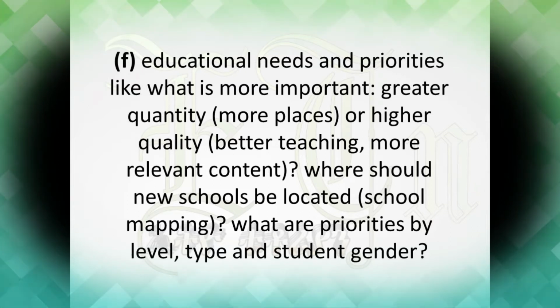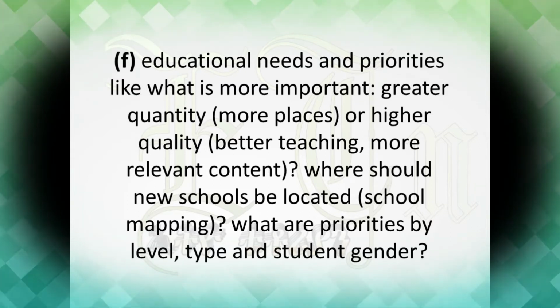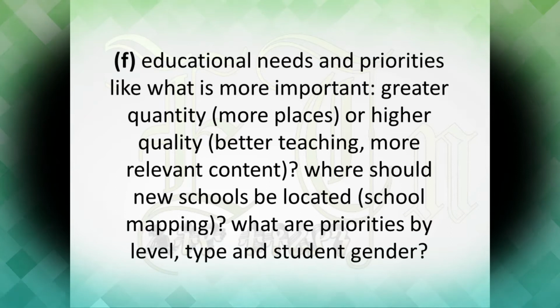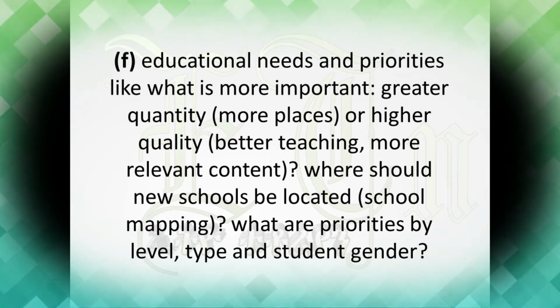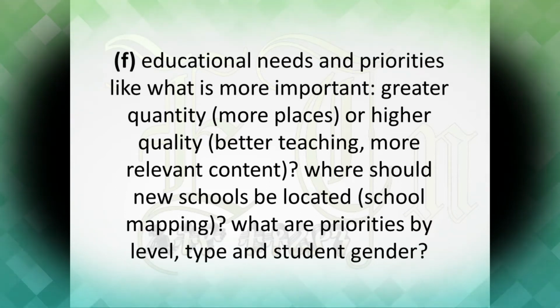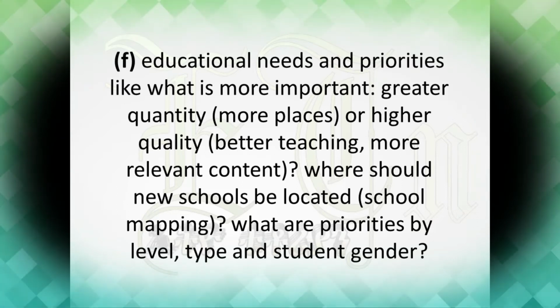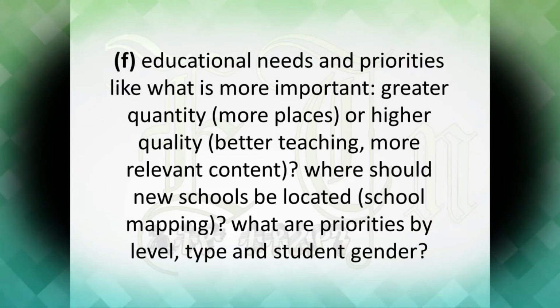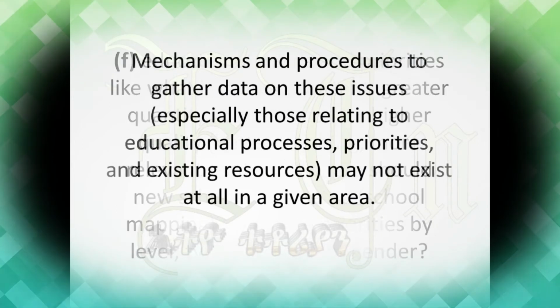F. Educational needs and priorities, like what is more important, greater quantity, more places, or higher quality, better teaching, more relevant content. Where should new schools be located? School mapping. What are priorities by level, type and student gender?